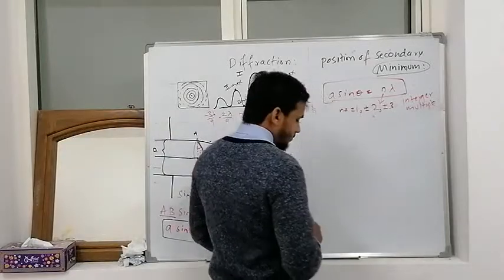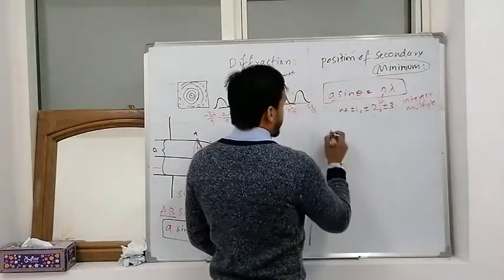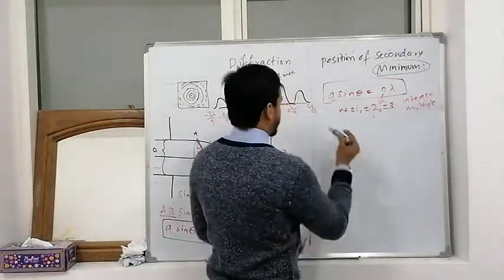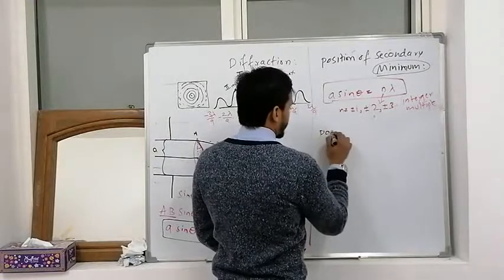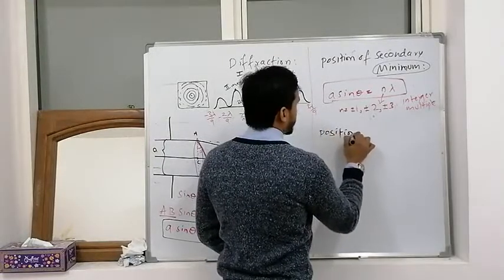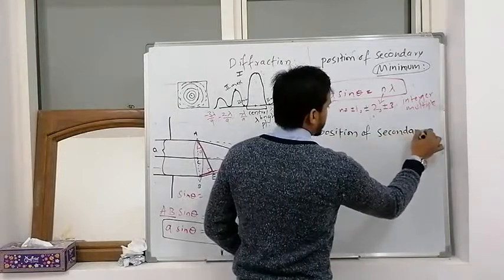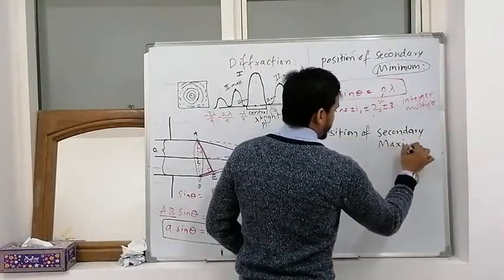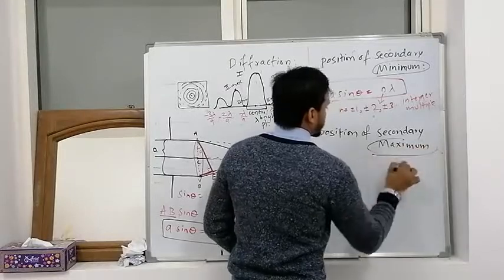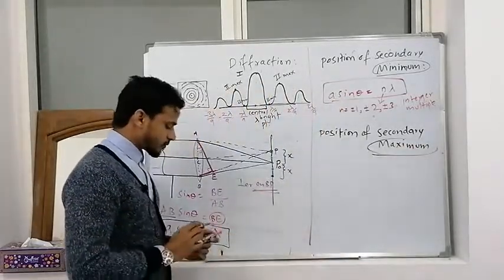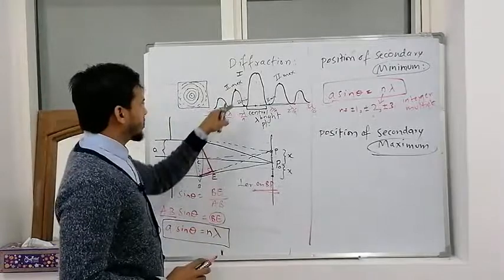Now I will tell you the position of secondary maximum. Now look at this maximum. Where is the position for secondary maximum?